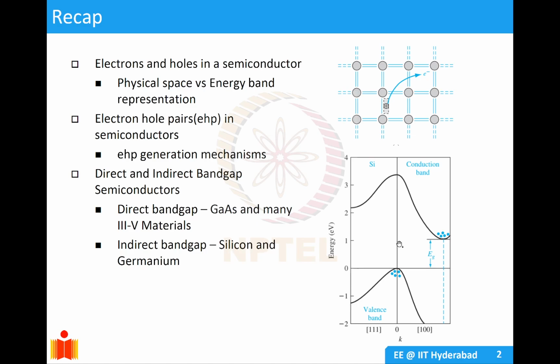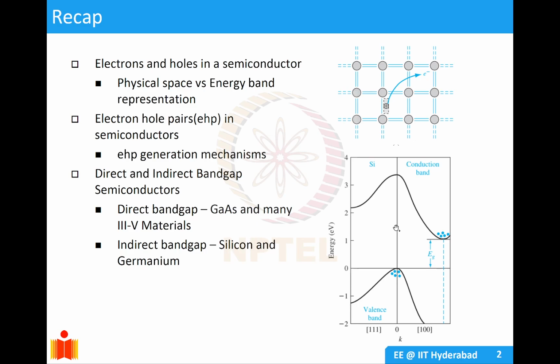If the maximum of the valence band and the minimum of the conduction band lie at the same momentum point, then they're called direct band gap materials. And if they lie at different momentum points, like in this figure, then they're called indirect band gap materials. Examples of direct band gap materials are gallium arsenide and other 3-5 materials, whereas indirect band gap materials are silicon and germanium.